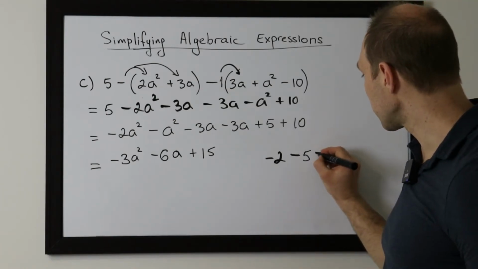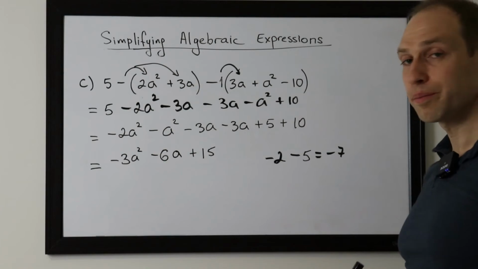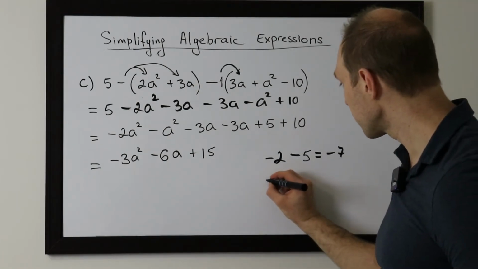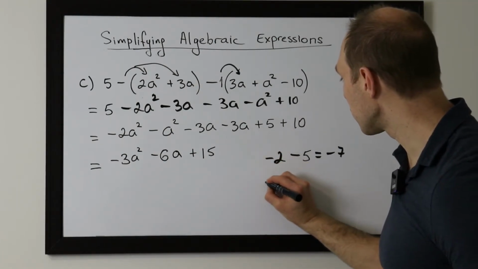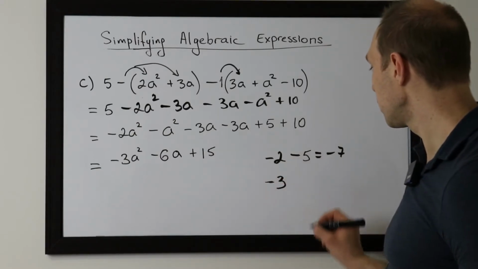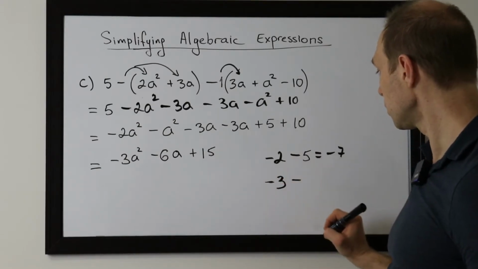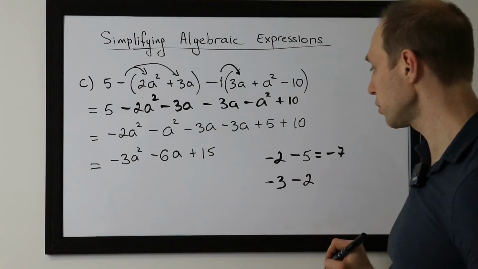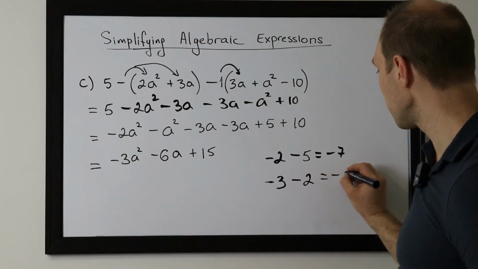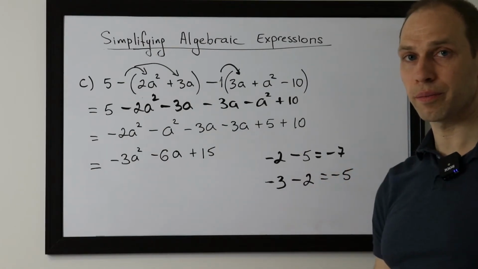So in this case, our answer will be negative 7. One more example. If you are on the negative 3rd floor and you're going down 2 more floors, you're going to be on the negative 5th floor.